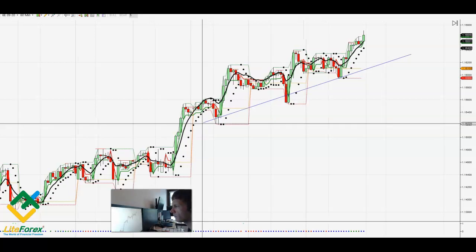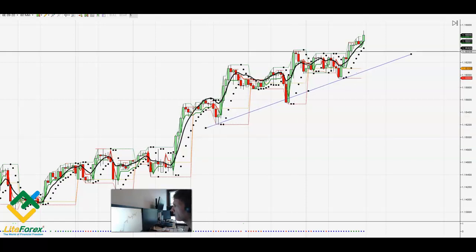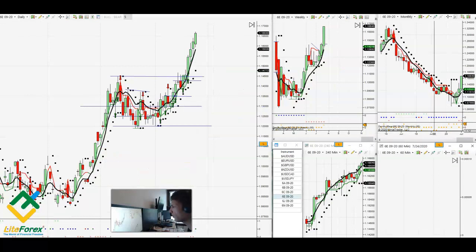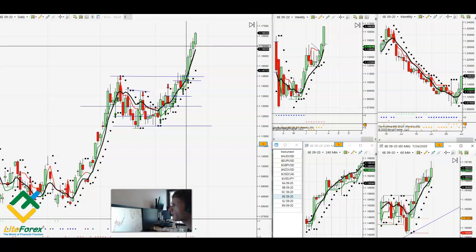Let's move that a bit like that. Yeah, it's been a huge run on the euro. So let's see if we can continue this bull run, but watch that price. That 1.16 is going to be the support to hold.